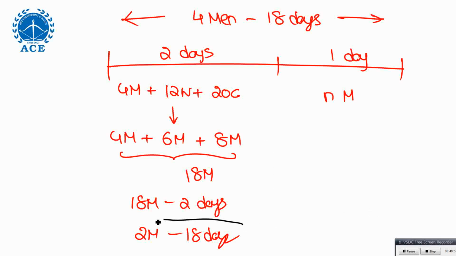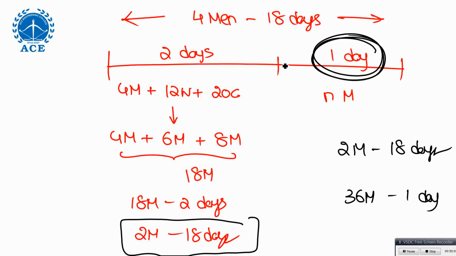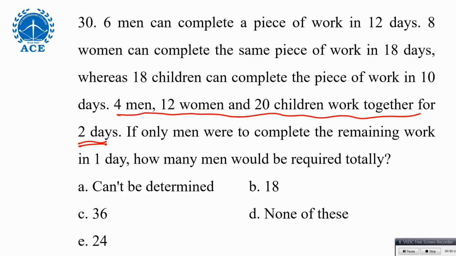So the remaining work is 2 men working for 18 days. For 1 day, I want 36 men. They're asking to complete the remaining work in 1 day, so multiply by 18. How many men are required to complete the remaining work in 1 day? 36. I said this is a next level question.